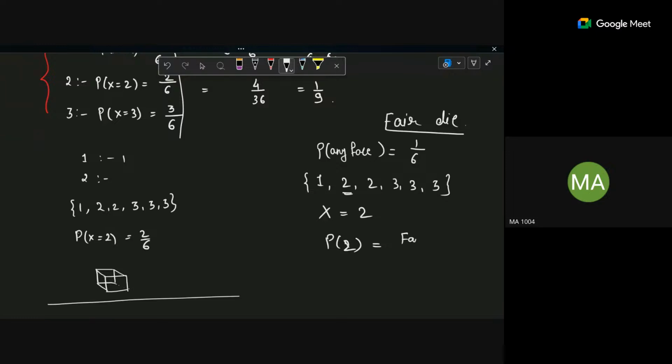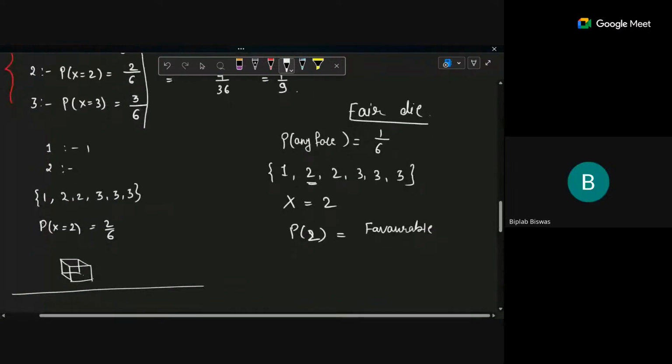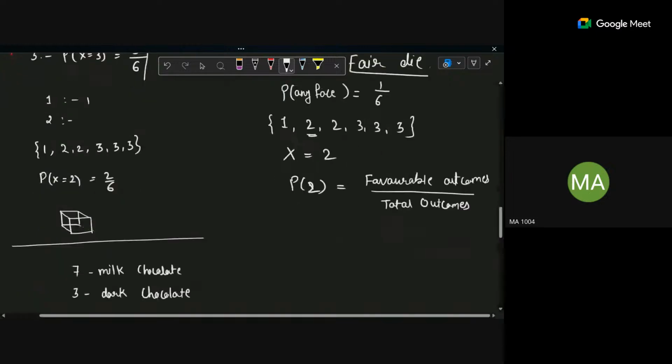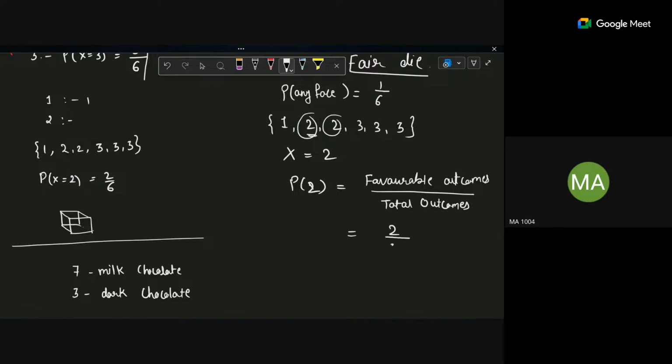Just a simple thing: favorable outcomes divided by total outcomes. Total outcomes are 6 and favorable outcomes are 2. This is the first 2 and this one is the second 2. That's why it was 2 by 6.